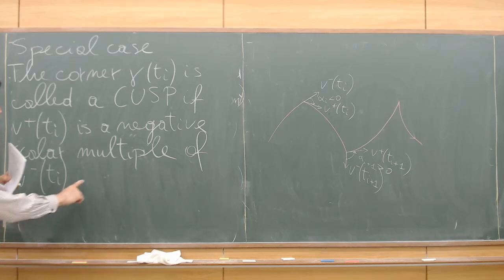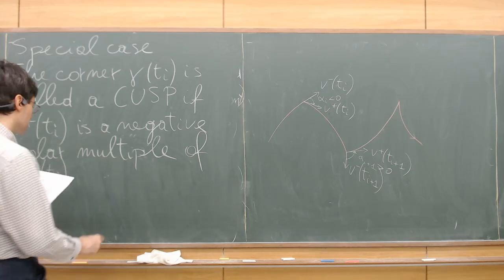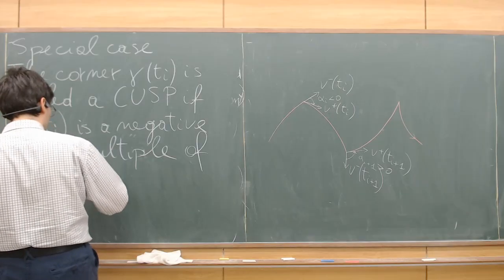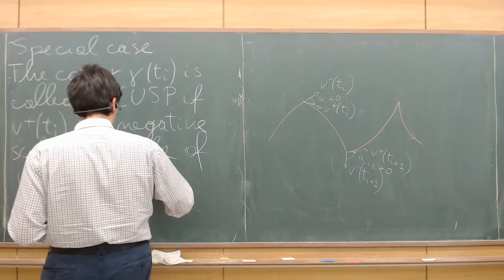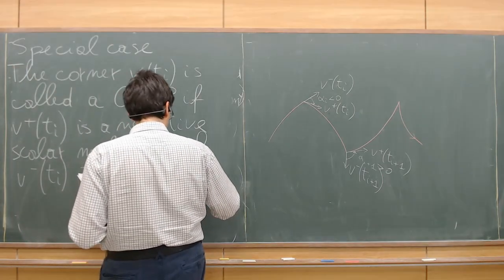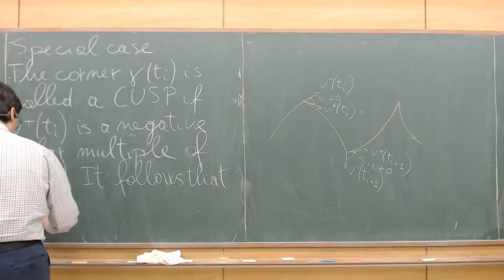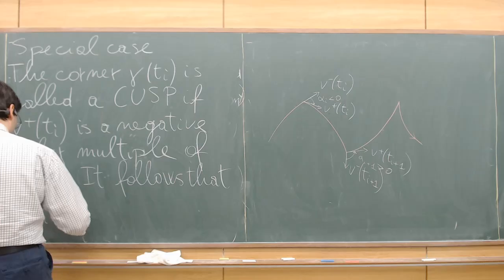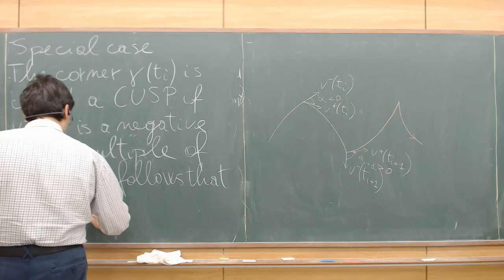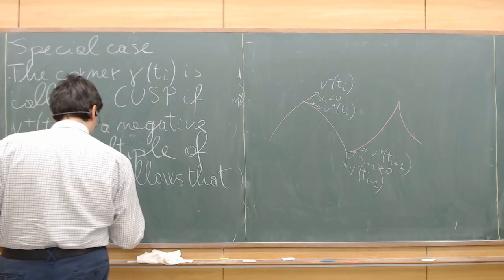From this definition, it follows that alpha I can be equal to pi or minus pi.